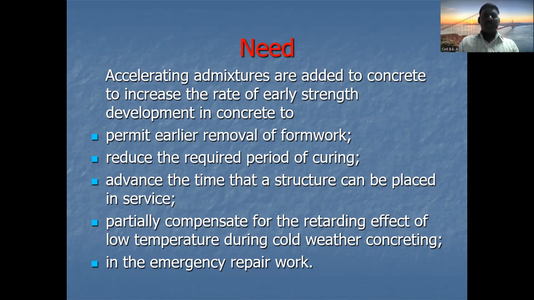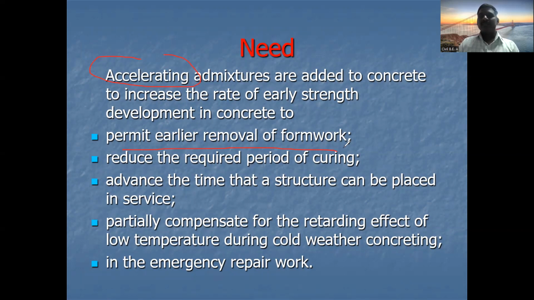This accelerating admixture permits earlier removal of formwork. If we add the accelerating admixture, we can permit early removal of formwork. Generally the de-shuttering of formwork is as per the IS code, and some days are required for de-shuttering of beam bottom or slab bottom.